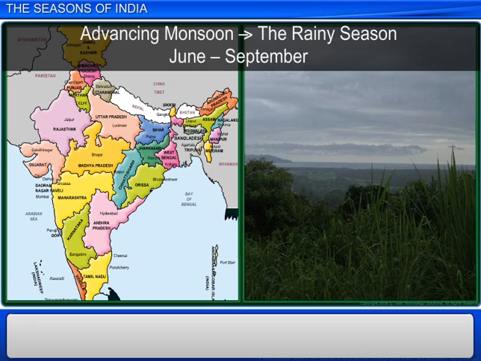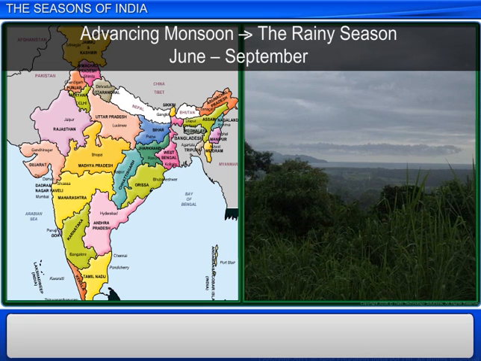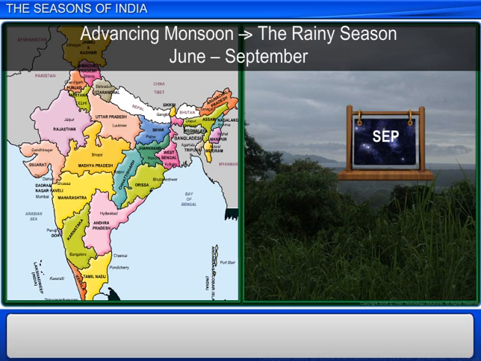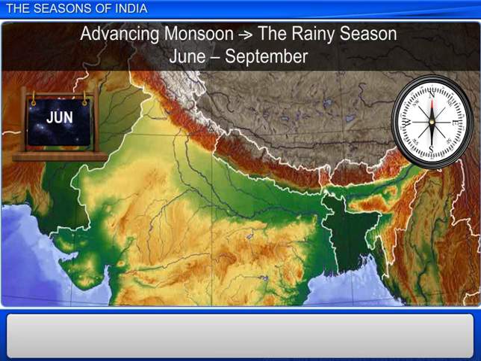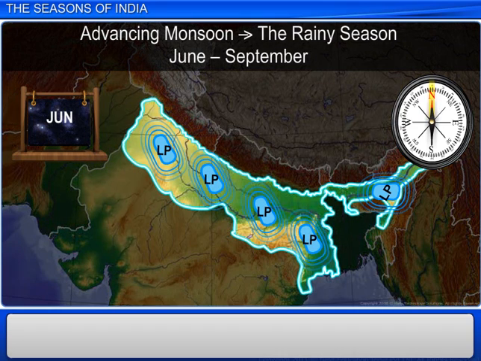The advancing monsoon in India refers to the rainy season that lasts for a period of 4 months from June to September. By early June, low pressure conditions become intense over the northern plains.